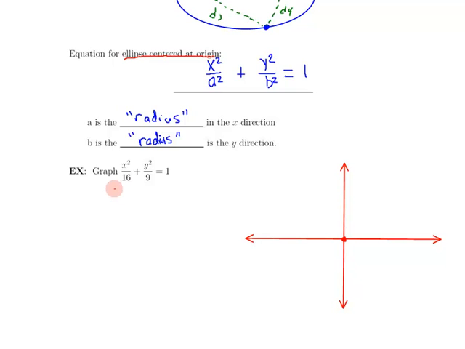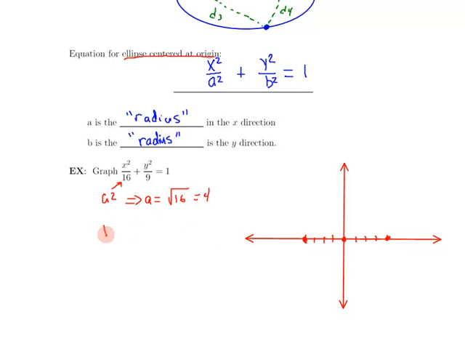The number underneath the x is a squared, which means a is the square root of 16, or 4. That is the x radius, meaning that's how far out in the x direction I go. I'm going to go 4 left and right to reach points on the ellipse.